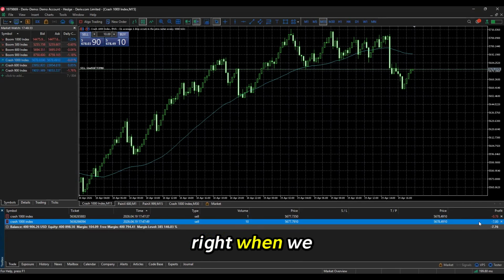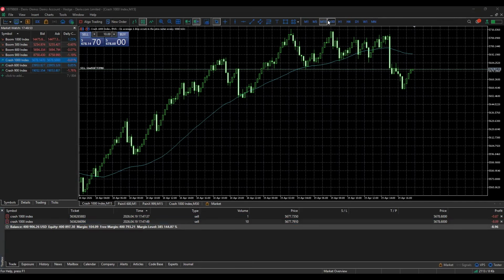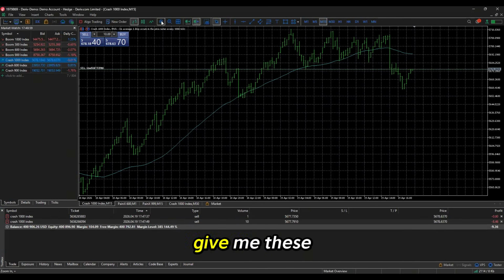Right. When we trade, price is shown in different forms. We have what you call candlesticks. We have what you call a line chart. We have what you call a bar chart. Right. So what do I mean by this? If we come to our MT5 and I change my chart type, what you're going to see is it's going to give me these bars.